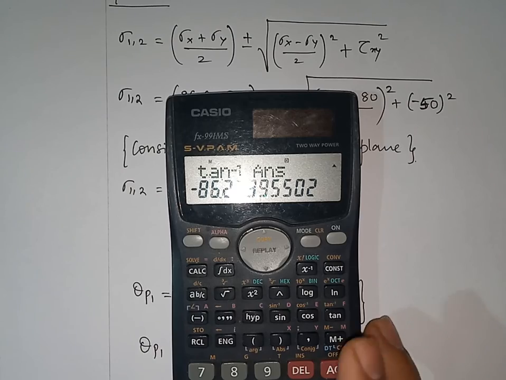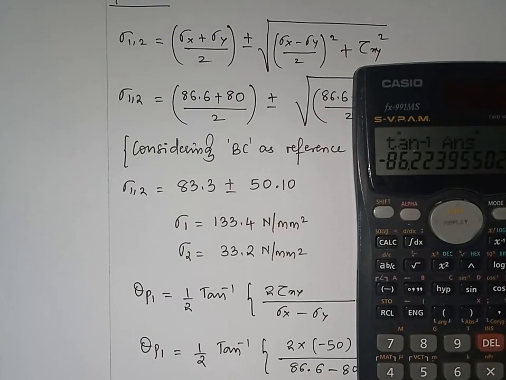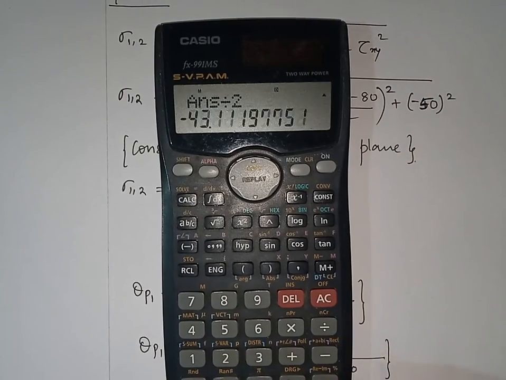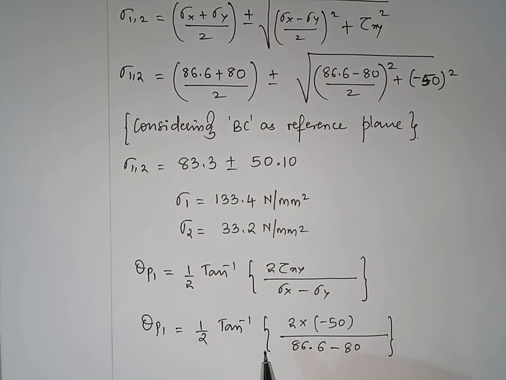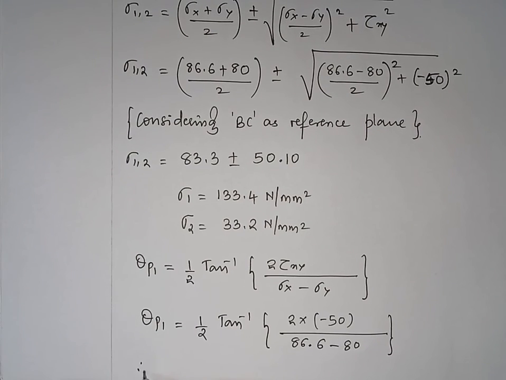It will be 86.2 and I am having 1 by 2 outside, so I need to divide it by 2, so it is 43.11, right? So therefore theta P1 will be 43.11 degrees.